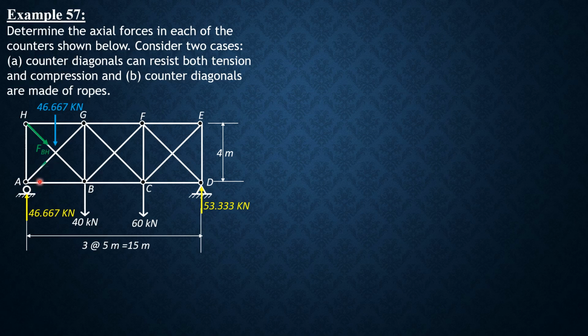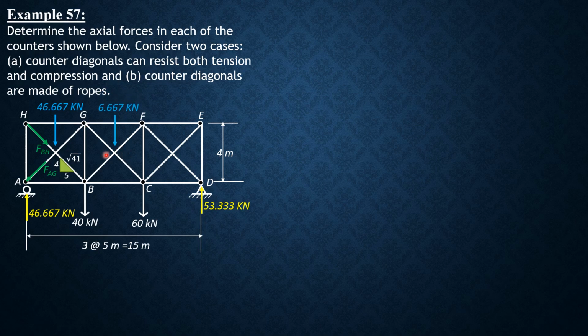The vertical component of AG should also be downward. So BH is tension, AG is compression. And this is the slope, 5 horizontal, 4 vertical, square root of 41 hypotenuse. In panel BC, the shear is downward also because this is 46.67, this is only 40, so 6.667 downward.